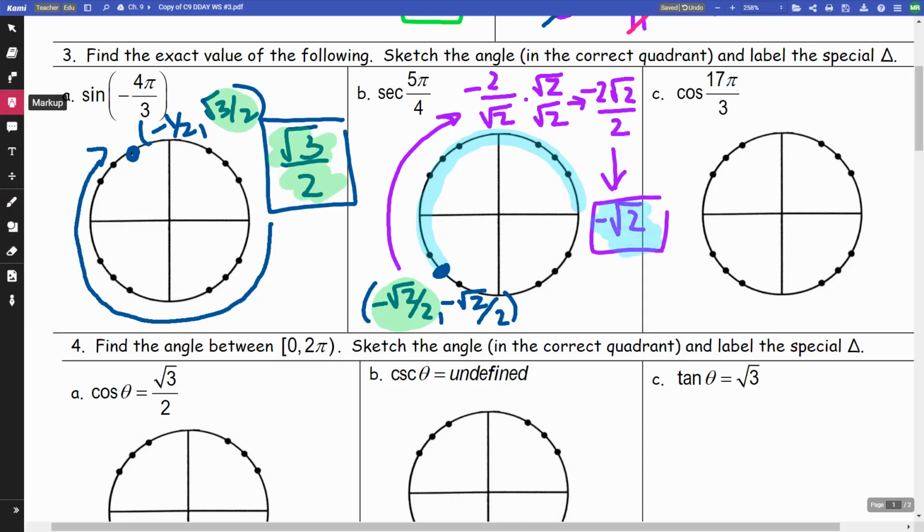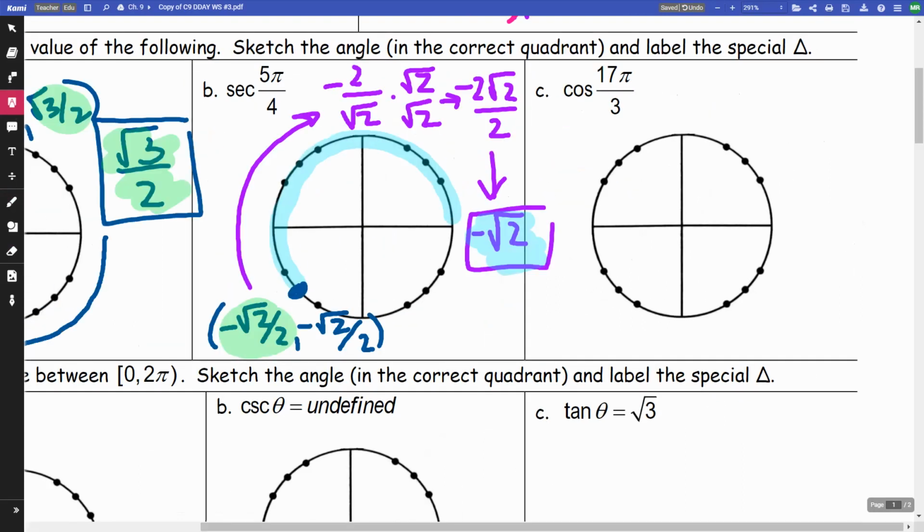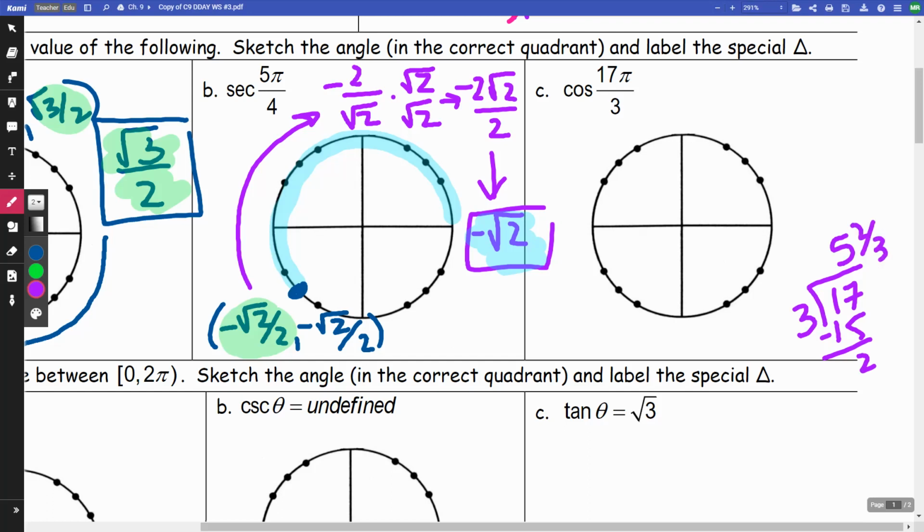Okay, so now on cosine of 17 pi thirds. First off, I want to figure out where 17 pi thirds is on the unit circle. So I'm going to take 3 into 17, which goes 5 times, with 2 left over. So I'm going to go to 5 and 2 thirds. So my odd pi's are over here.